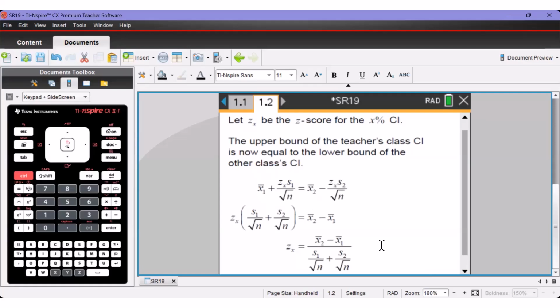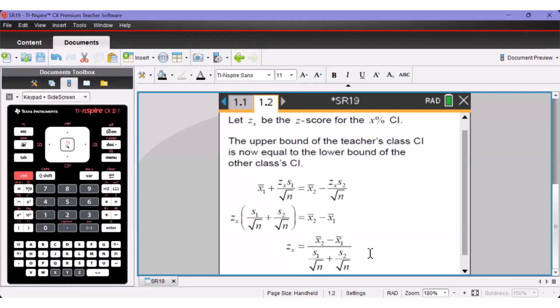Then it's a matter of dividing both sides by s1 on root n plus s2 on root n to give us an expression for zx, which is our z score for the approximate x percent confidence interval.